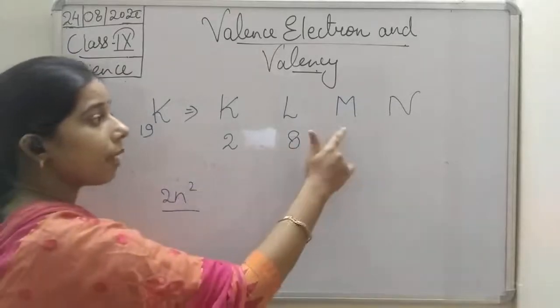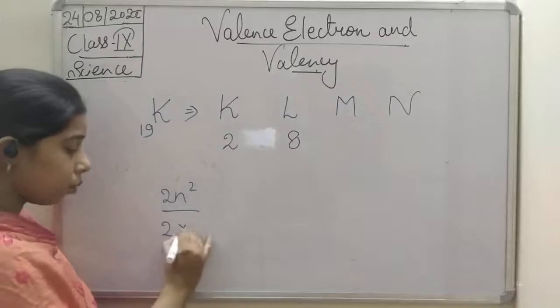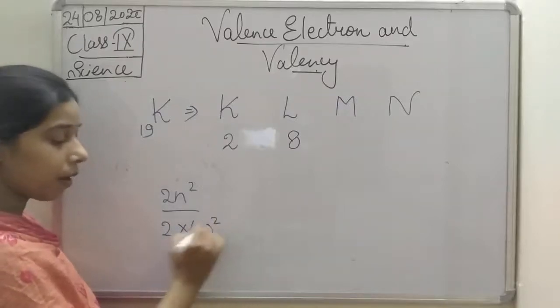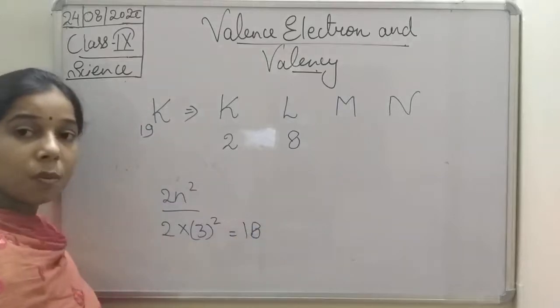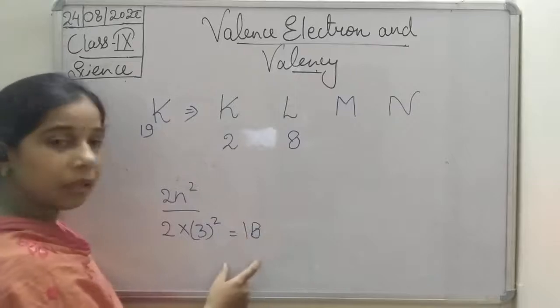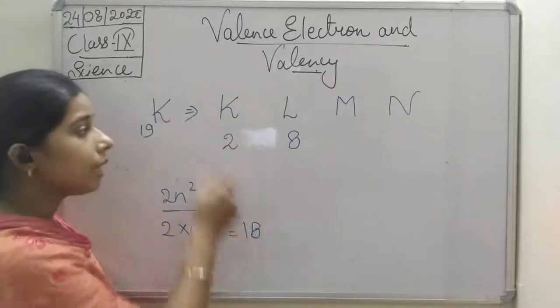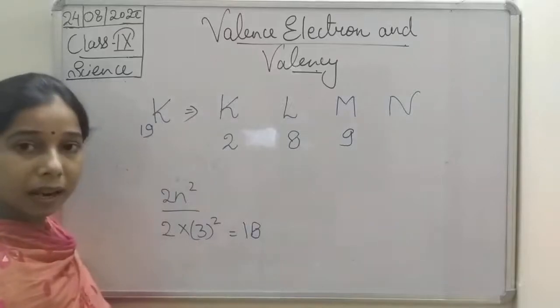And we know that M shell is the third orbit, so it will be 2 into 3 whole square, which equals 18. So the maximum number accommodated by the M shell must be 18. So these 9 electrons must go there, and it should be like this, 2, 8, 9.